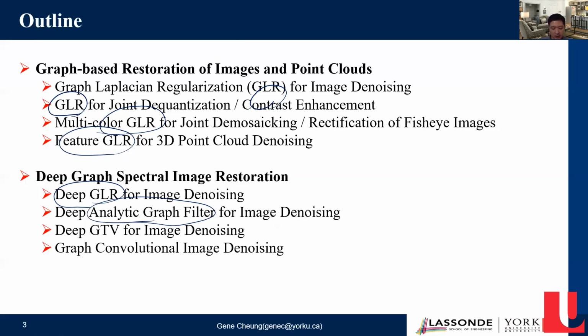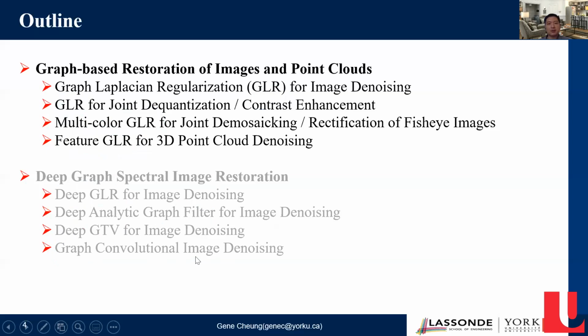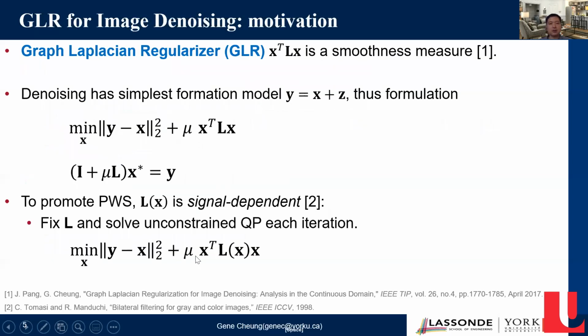We talk about deep GTV as well, more recent work that have shown it has better convergence property, and then a work from Italy, graph convolutional image denoising. So let's get started with the very basics first, which is the GLR.